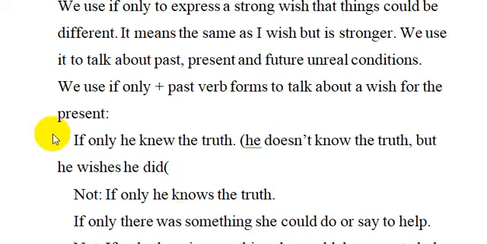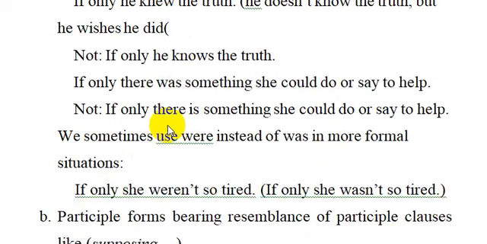So we always use "if only" plus the past form of the verb. We cannot say "if only I am here, I could so and so." No, "if only I was here, I could have done so and so." Sometimes we use "were" instead of "was." Why? Because the whole situation is a hypothetical one. There is no need to talk about the real situation.